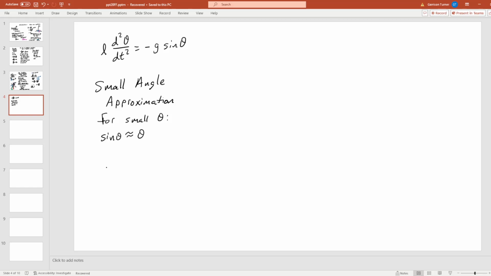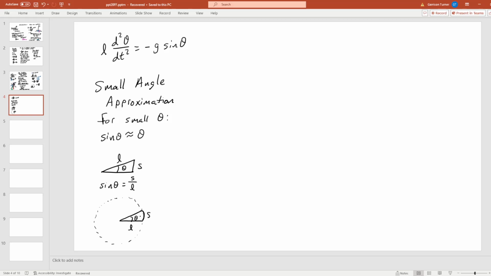And if you think about it, this should make some sense. If I have a right triangle with opposite side S and hypotenuse L and angle theta, then sine theta is equal to S over L. But if I have a circle with L as the radius, and I make a small angle theta, then my arc length S will be here.